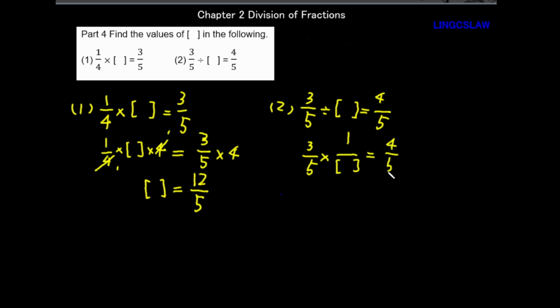And let's multiply both hand sides by 5, and again multiply by this bracket number. And let's divide both sides by 4. Okay, that's it.